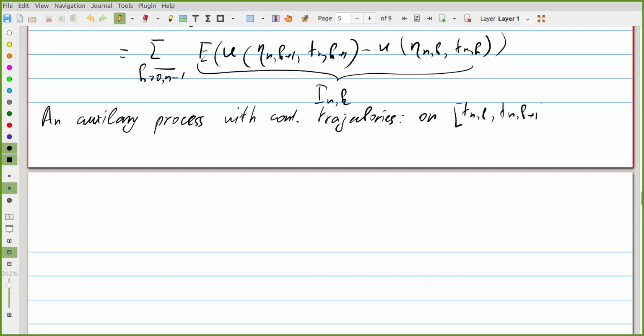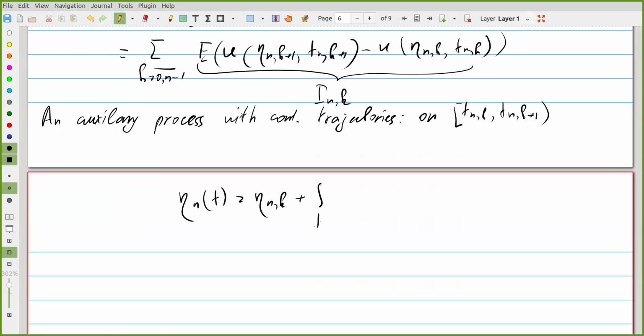This process on this interval is defined by eta_n(t) equals eta_n^k plus the integral from t_n^k to t of sigma(eta_n^k) dW_s. I will consider only the autonomous case also.